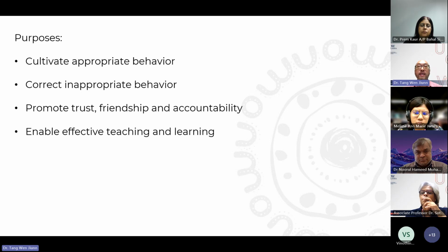And if we need to correct them, we have to correct them early, so that they won't disrupt the class in the future. And while doing those behavioral corrections, we have to make sure we earn their trust, so that they can open up to us, and it makes two-way communication much easier. And at the end, it will contribute to effective teaching and learning.